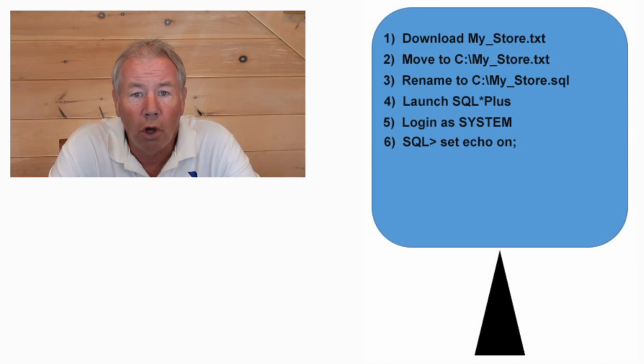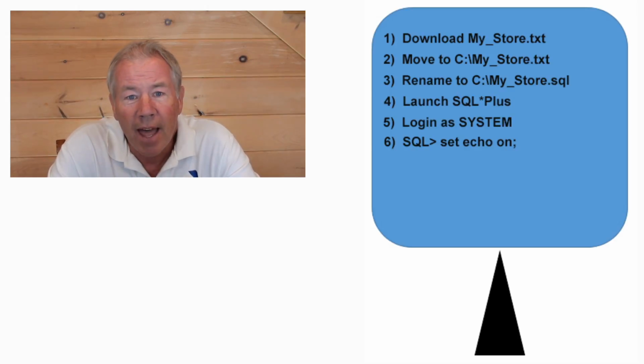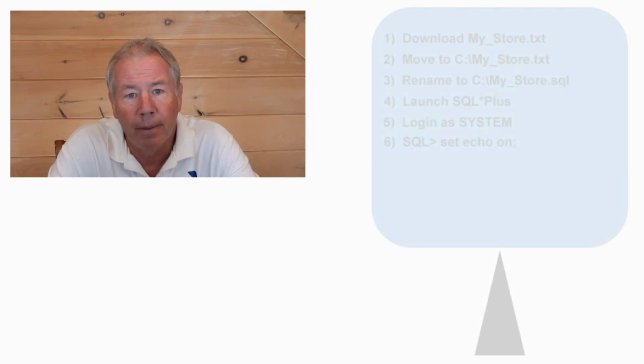All right, once you're logged in as system, I want you to type the following: set space echo space on semicolon. Set echo on, excuse me. That is going to echo all the commands in our script back to the screen.